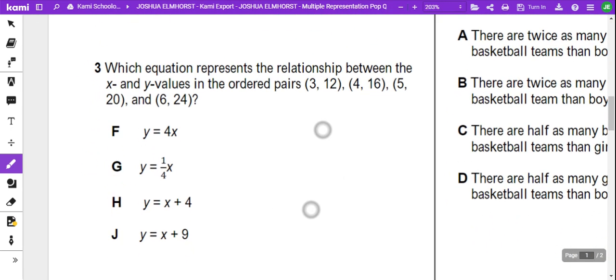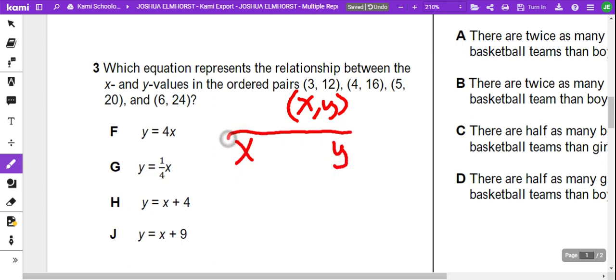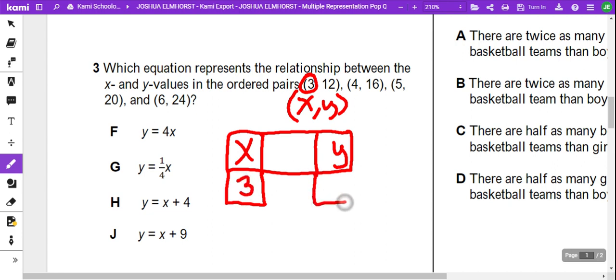All right, same thing with number 3. We have x comma y for each one of the ordered pairs. We got x and then, so first we have 3 and 12.